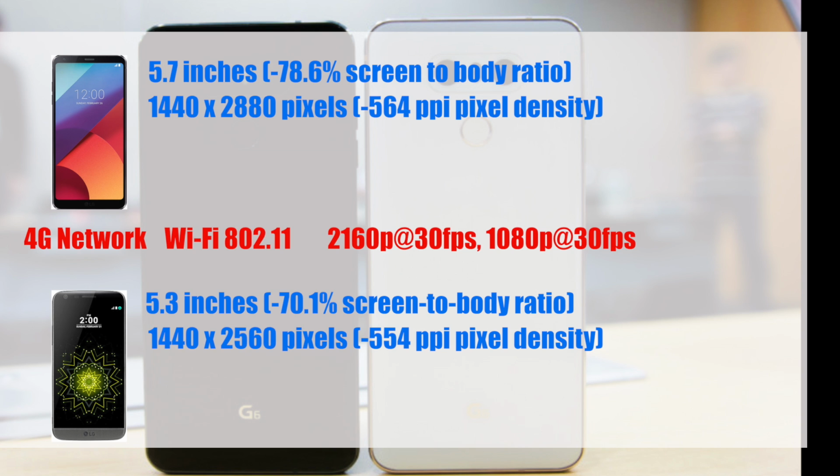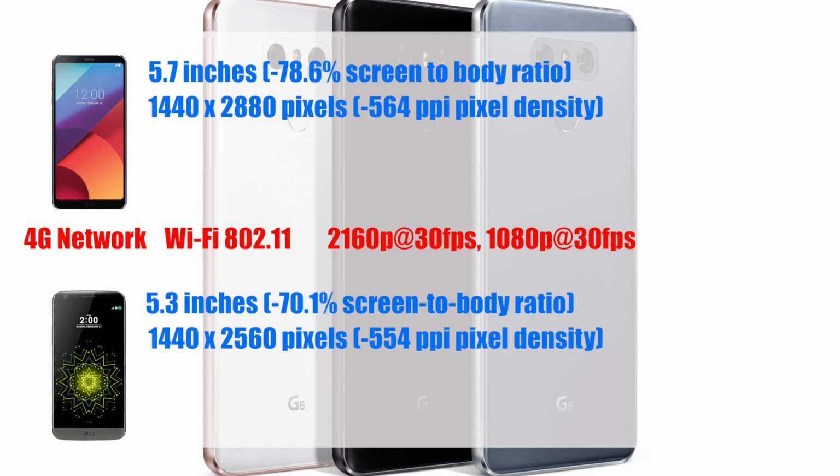The LG G6 has a 564 ppi pixel density, while the LG G5 is only 554 ppi. So the LG G6 seems to be clearer on this point.